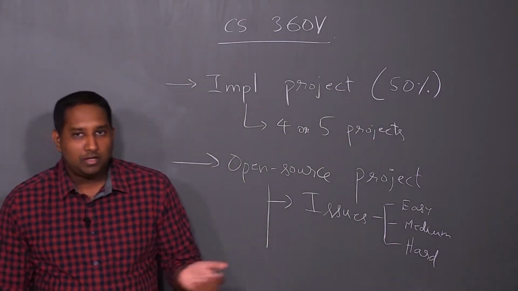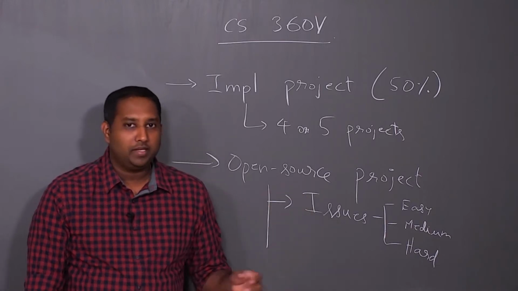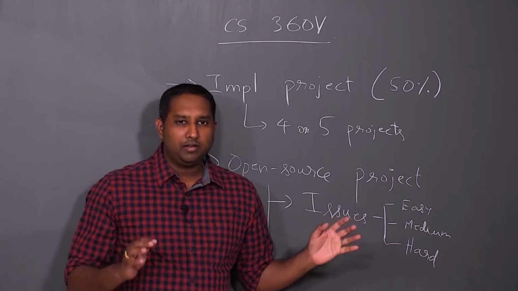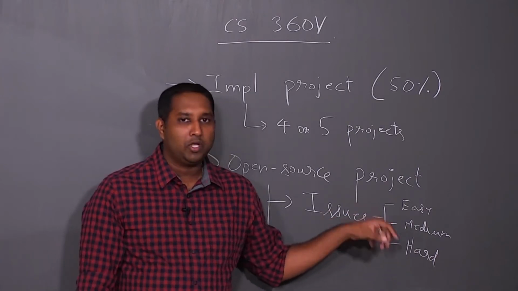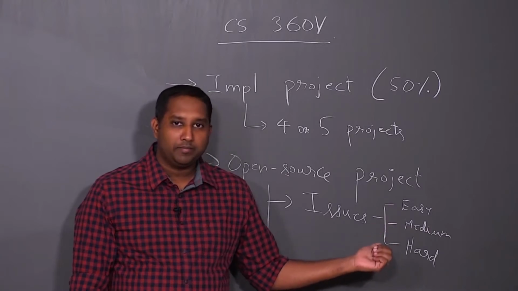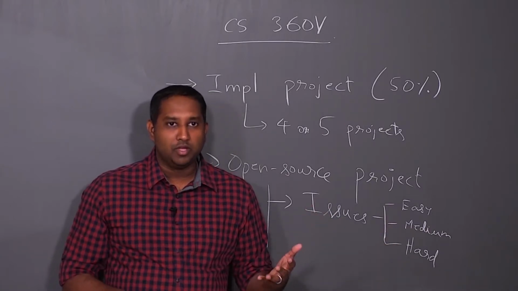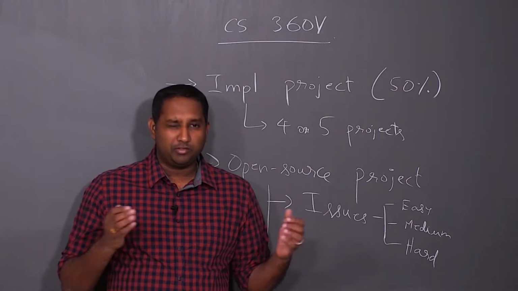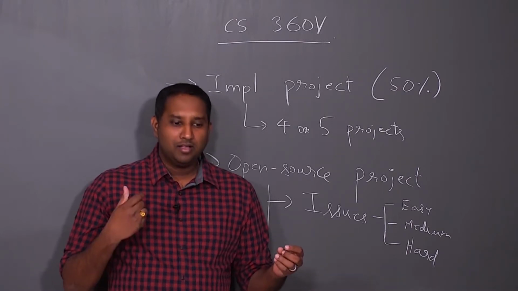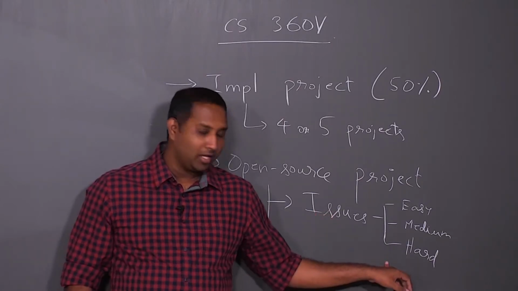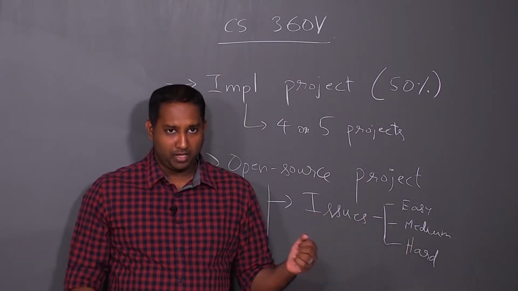The general rule of thumb, and it depends a little bit on your team size, is that you have to do at least 3 easies or 2 mediums or 1 hard, depending upon the size of the issue. Sometimes the issue can be really hard, so that just getting that one thing done can take half a semester. If that's the case, then you just tackle one hard issue, right?